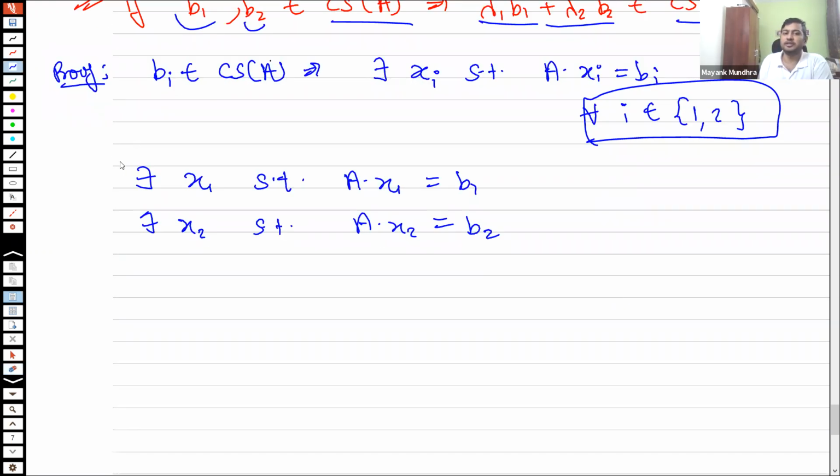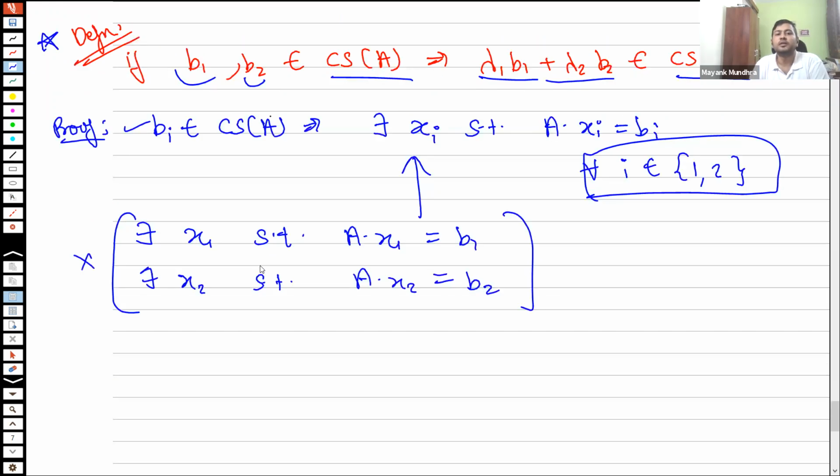So if you write the earlier statement, you don't need to write either of these two statements separately. So that's done. Basically, for every bi vector, I have some xi which is a solution to A xi equals bi.